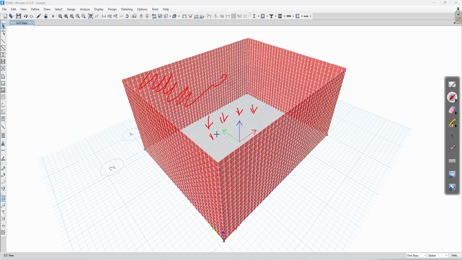There will be water pressure on this base slab also.